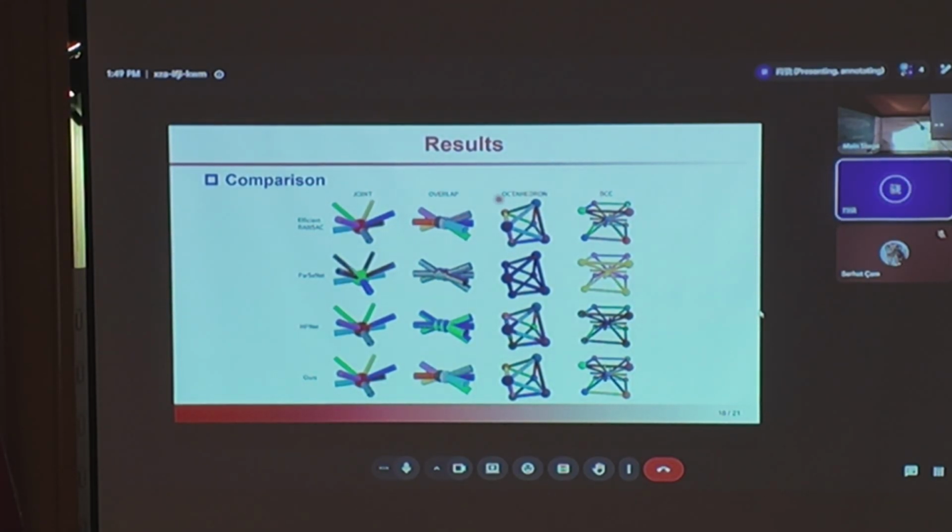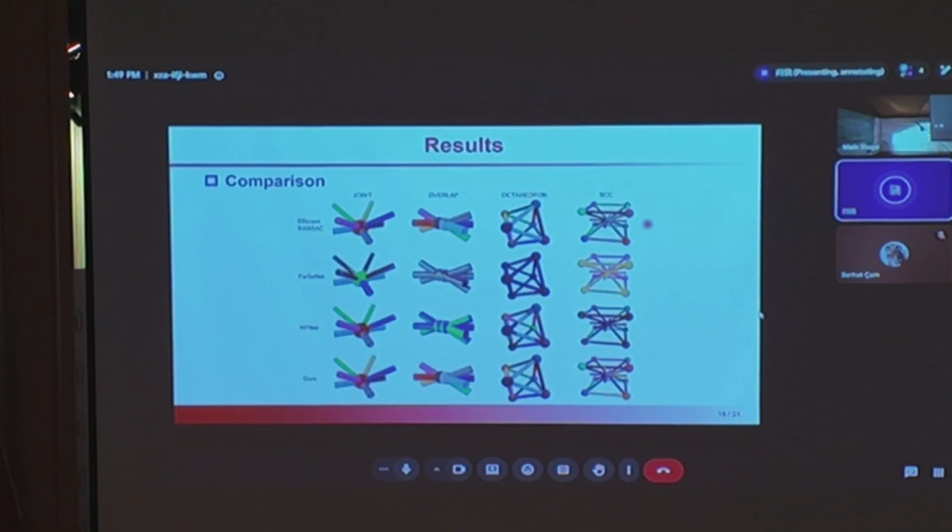And the efficient effect also gives incorrect segmentation for the overlap and BCC models, which contain overlapping or intersecting spheres and more complicated connections of joints and bars.